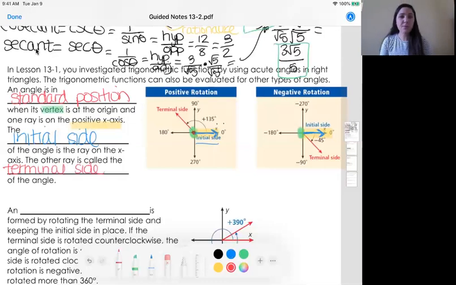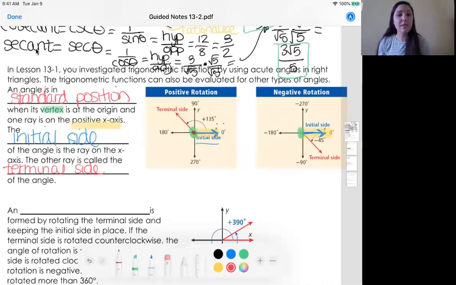And that side could be in any of those four quadrants. Sometimes it could even be on the same side as the initial side. If we had a 360-degree angle, that angle is going to have the initial side and the terminal side back there along that positive x-axis. Okay.